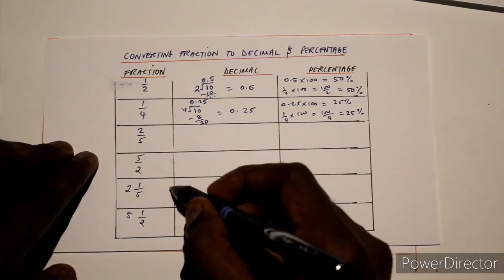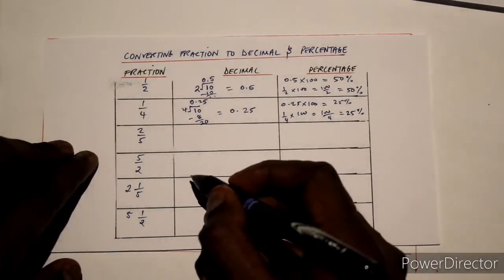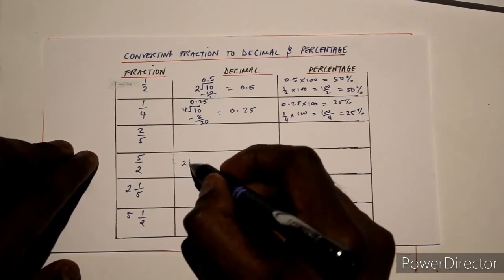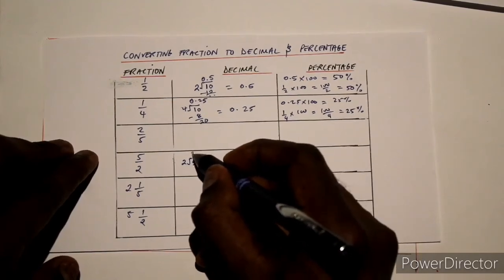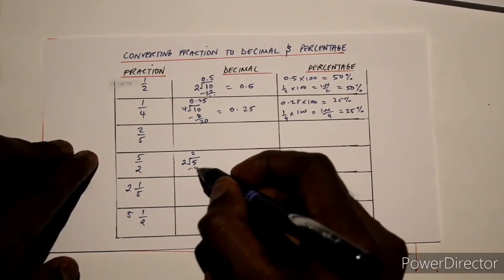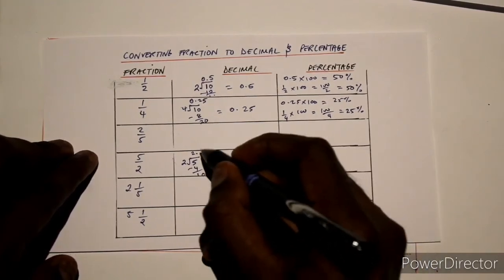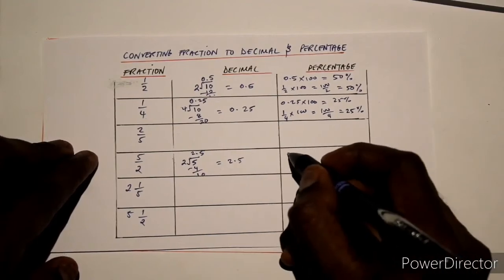Okay, now when we have 5 on 2, which is an improper fraction, how we will do it here is the same thing, simply 2 into 5. You will have 2, so 2 times 2 is 4, minus, 1, put down point, 0. 2 into 10 is 5, so you should have 2.5.